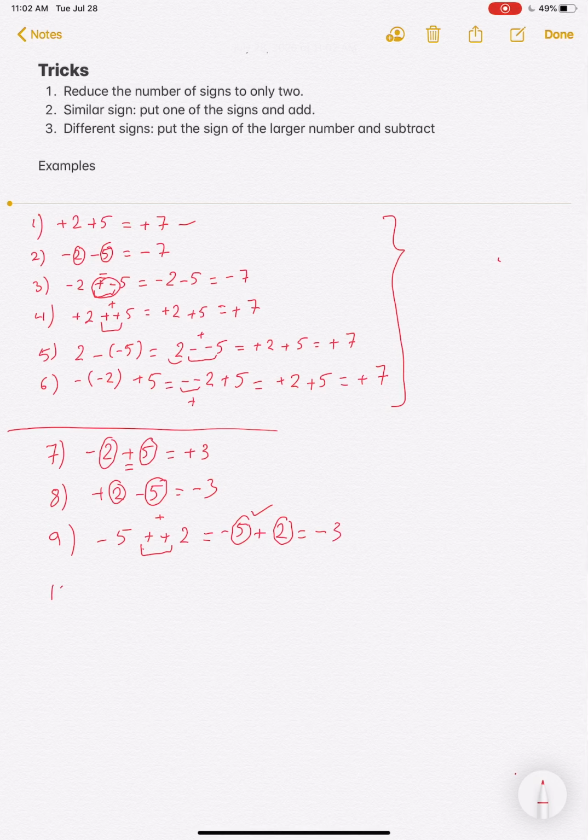Number 10. Plus 2 or positive 2, negative 5. Again, we have two consecutive signs, plus and minus, two different signs. Their multiplication will give me negative. So it's plus 2, negative 5.